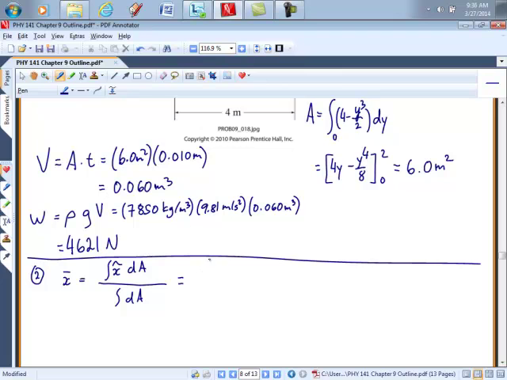So that would be the integral of y cubed over 4 plus 2. Let's start that all over again.